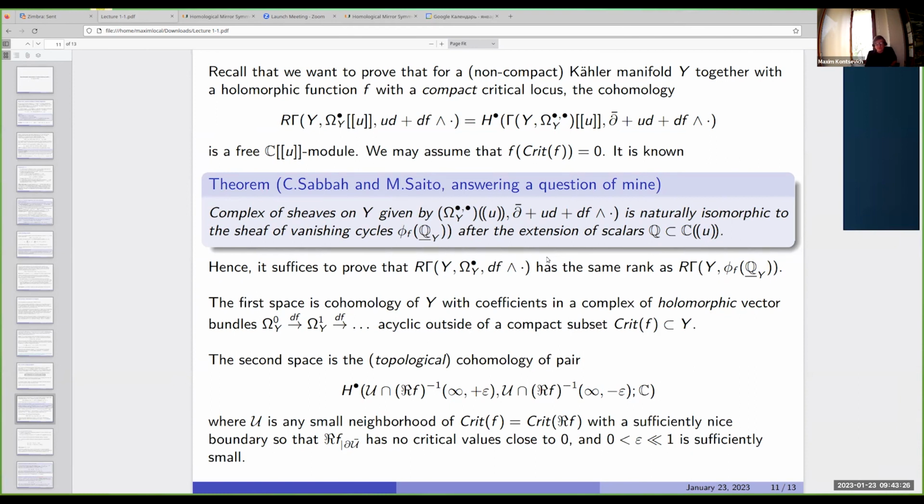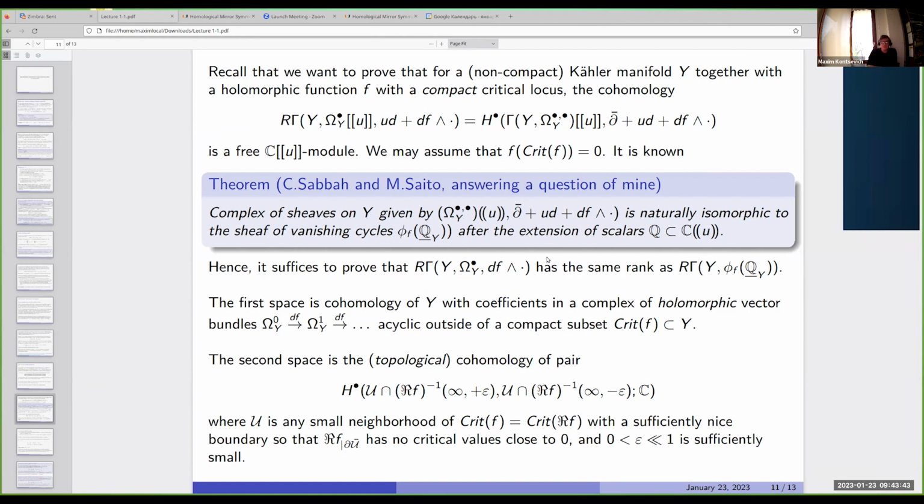So what is known, again quite a long time ago, is that Claude Sabbah and Saito answered the question which I asked them. It's kind of a local statement, not global.